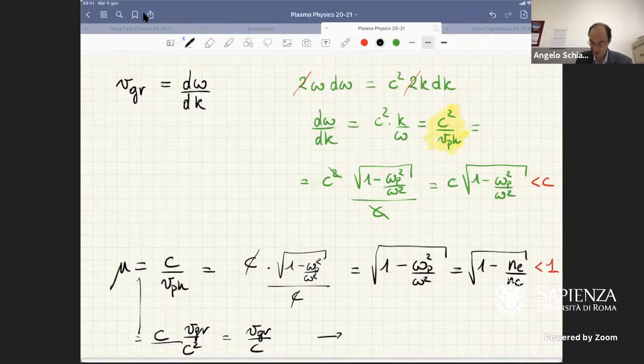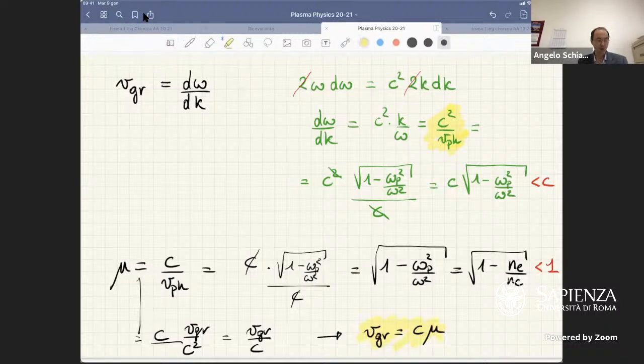We see that the group velocity of the wave can be expressed as mu times c. So in order to get the velocity at which information and energy travel in the plasma together with the wave, we can just multiply the speed of light in vacuum times the refraction index.